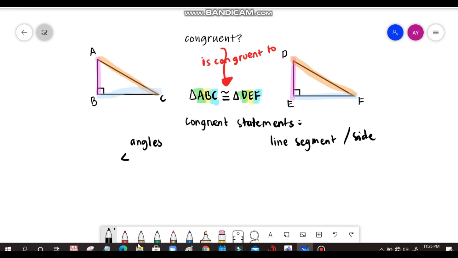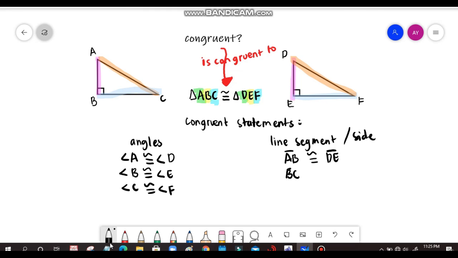For the angles, angle A is congruent to angle D, and angle B is congruent to angle E. Angle C is congruent to angle F. And for the line segments, line AB is congruent with line DE, and line BC is congruent to line EF.